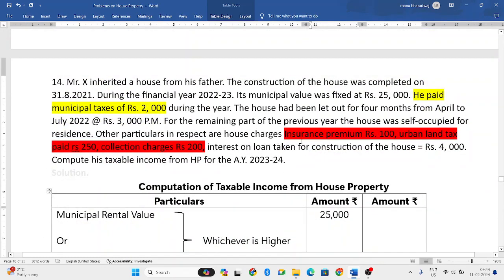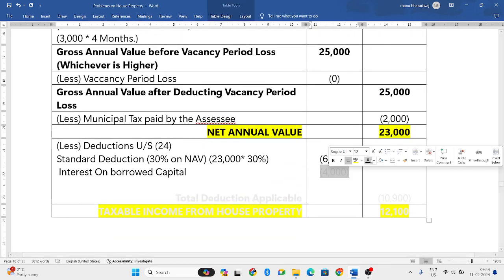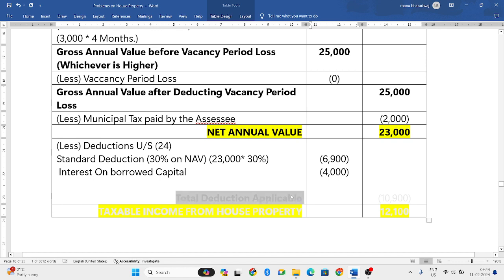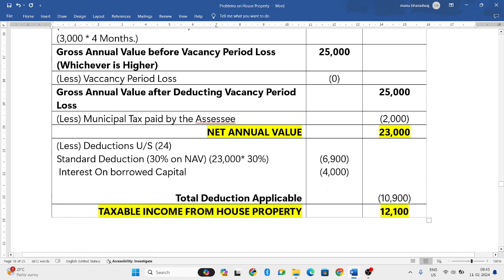The interest on loan taken for the construction of the house is 4,000 rupees. So 4,000 deduction will be given. The total deduction applicable is 6,900 plus 4,000, that is 10,900. If I subtract deduction from net annual value, I will get the taxable income from house property, that is 12,100 rupees.